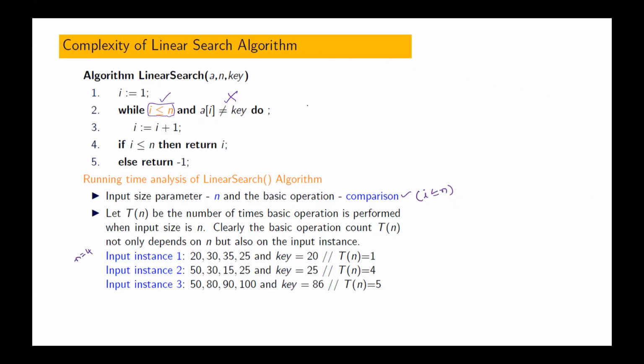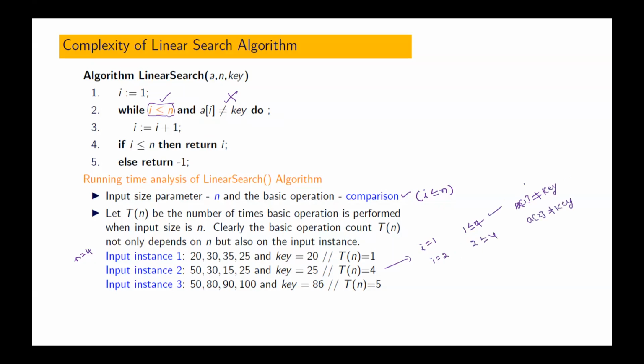First i equals 1. In the while loop, we check 1 less than or equal to 4, correct. But a of 1 is not equal to key, so we go to the next condition, i becomes 2. 2 less than or equal to 4, a of 2 not equal to key.